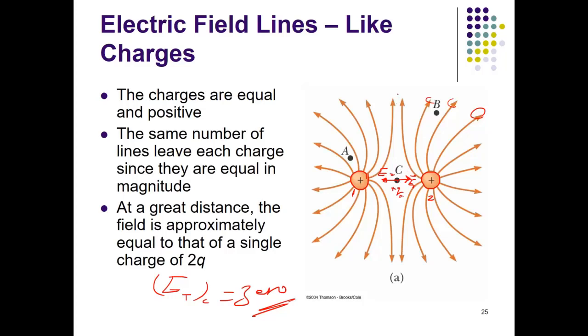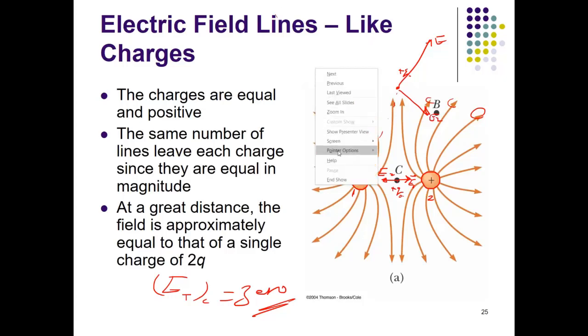Okay. What about the point here? Well, let's just play with it. So this is Q0. If the test charge was located here, the electric field due to Q1 will be in that direction, and the other one will be in that direction. Sorry, I made a mistake.